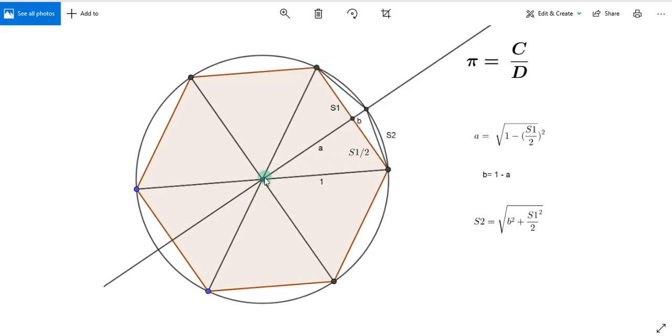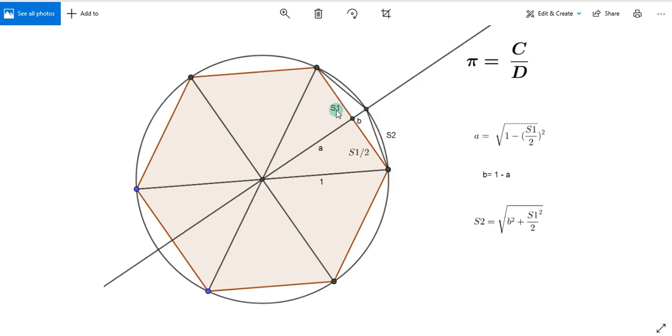Now we are going to draw a perpendicular line from the midpoint here up to here, which meets the circle's arc. Here we denote this A. A is the length from this point to this point, and B denotes the length from this point to this small length.